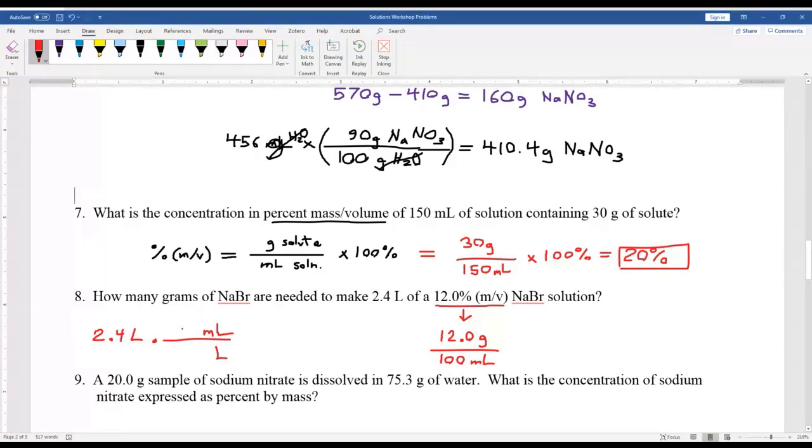Milli does mean 0.001, so 1 milliliter is 0.001 liters. But alternatively, you could also say that 1,000 milliliters is equal to 1 liter.